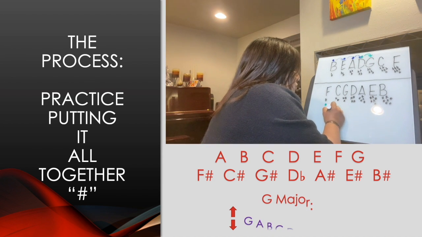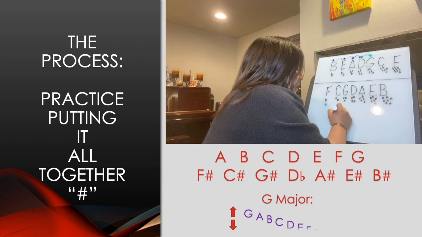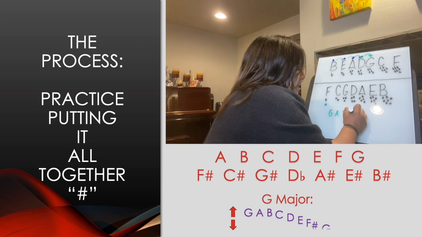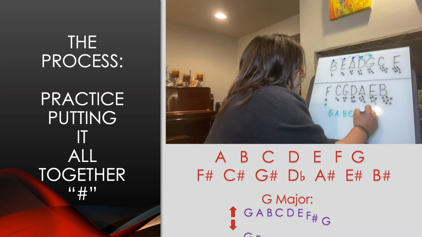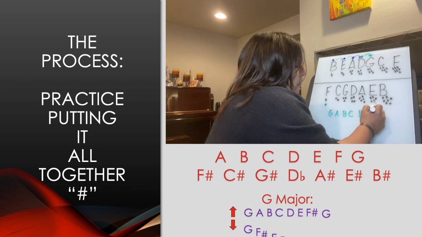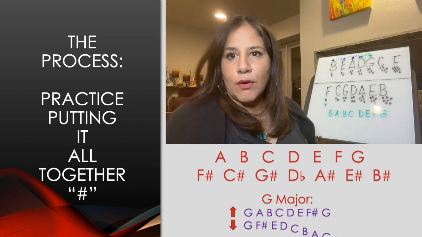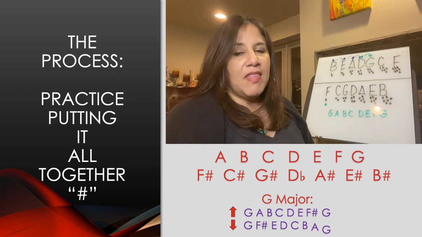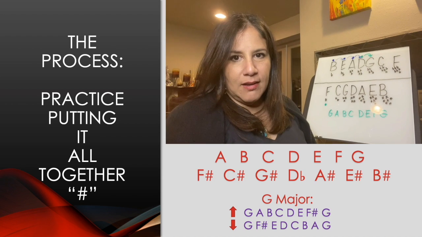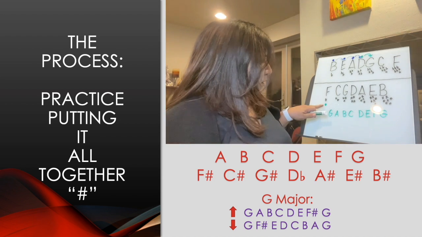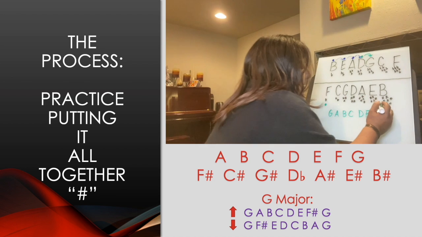So then we would go G, A, B, C, D, E, F, G, right? We go through our alphabet, and then we plug in our sharp. And we said it was F sharp. So then let's stick it in there.